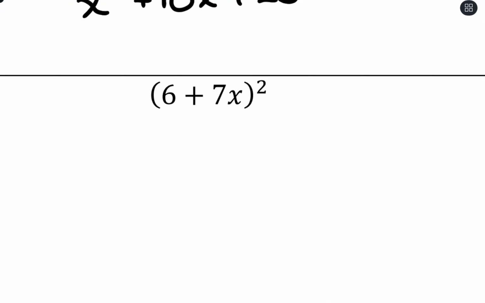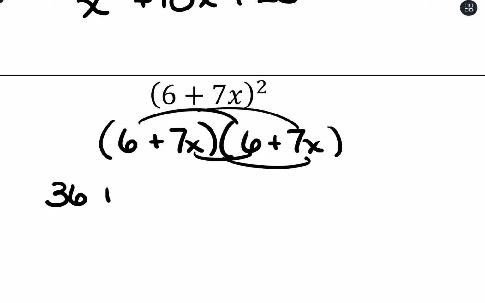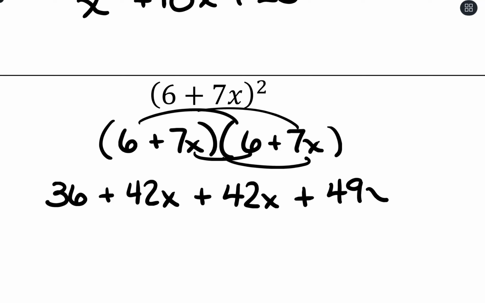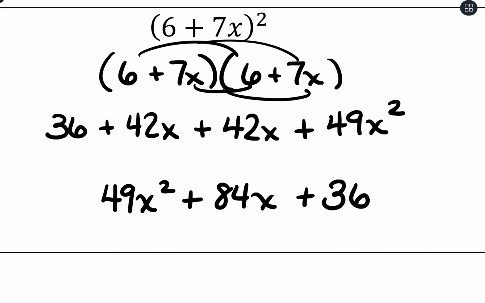Okay, 6 plus 7x all being squared, so I'm going to write that out as 6 plus 7x times 6 plus 7x, and I'm thinking of FOILing. So 6 times 6 is 36, plus 6 times 7x, plus 6 times 7x, plus 7x times 7x. So we have a 49x squared plus 84x plus 36.